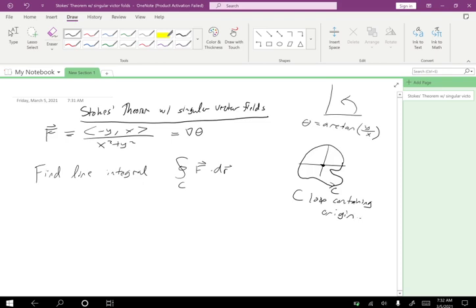And it turns out it does not matter. It'll be the same result, so it won't depend on C. But the funny thing is it won't be 0, because although we're tempted to use the gradient theorem, it doesn't actually apply unless the domain has no holes.